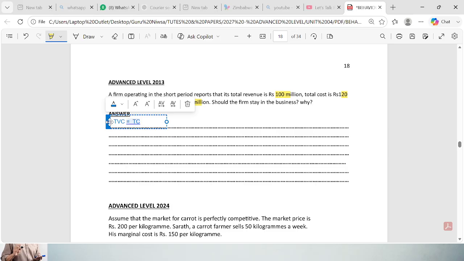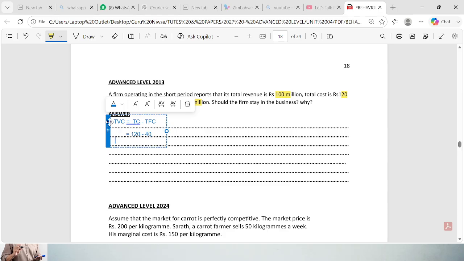Total cost minus total fixed cost. Here, the total cost is 120 million, minus the total fixed cost given, 40.